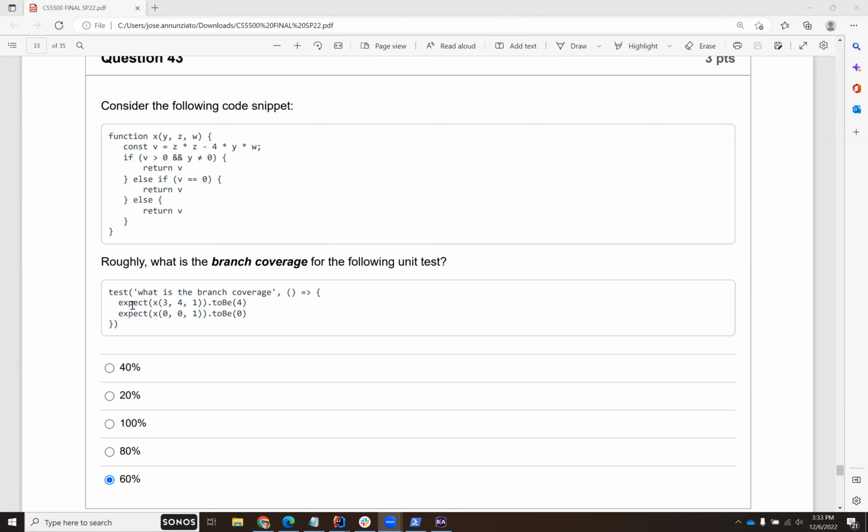One of the tests might cause it to go through one of the if statements, and the other one might cause it to go to another set of statements. Now, because this has 3 branches, typically you would need at least 3 tests that would cause it to go through all 3 branches to get 100% branch coverage. But since there are only 2, you can already guess that there might be at least one branch that is not executed.